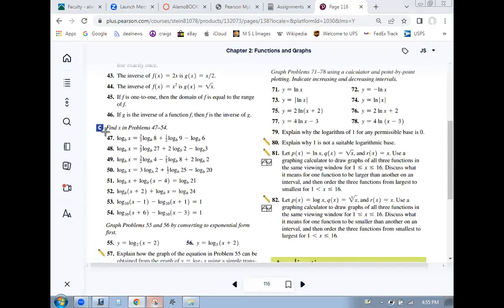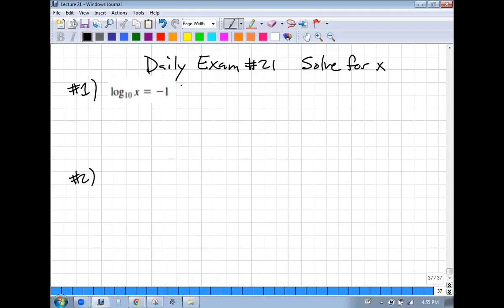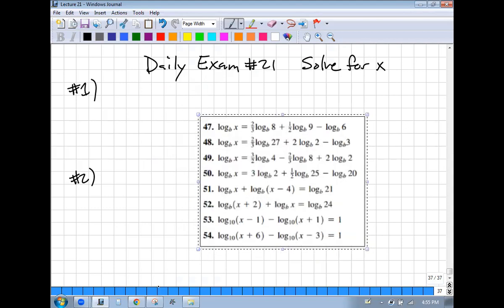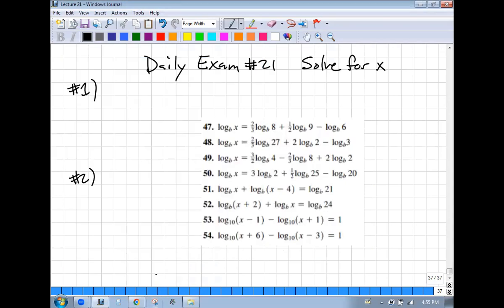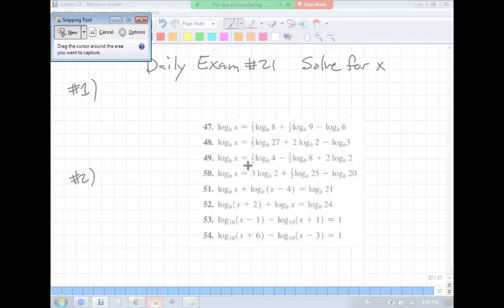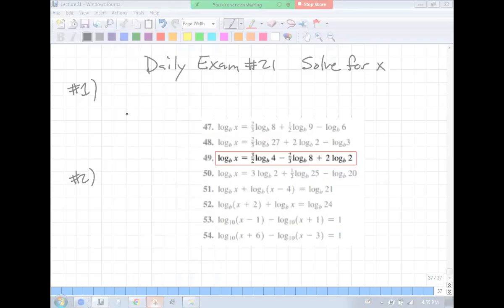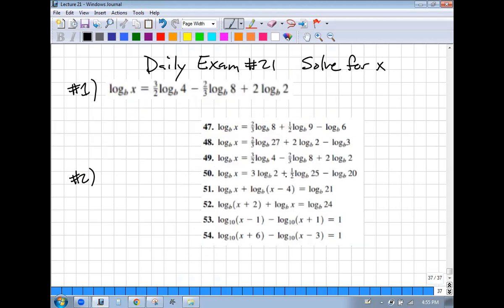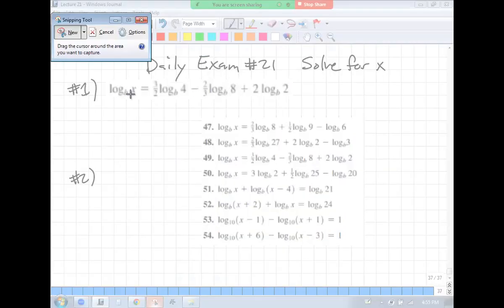Change number one. Oh, it's too easy. Do this one. This one's easy because the X is already right there, right?